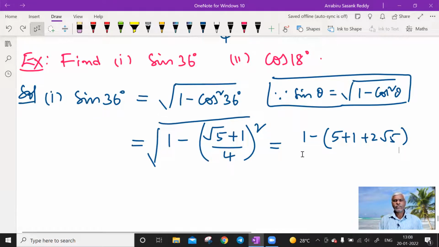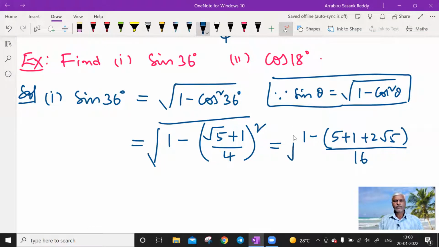Now this is only by 16. The 4 is only for root 5 plus 1, not for 1.